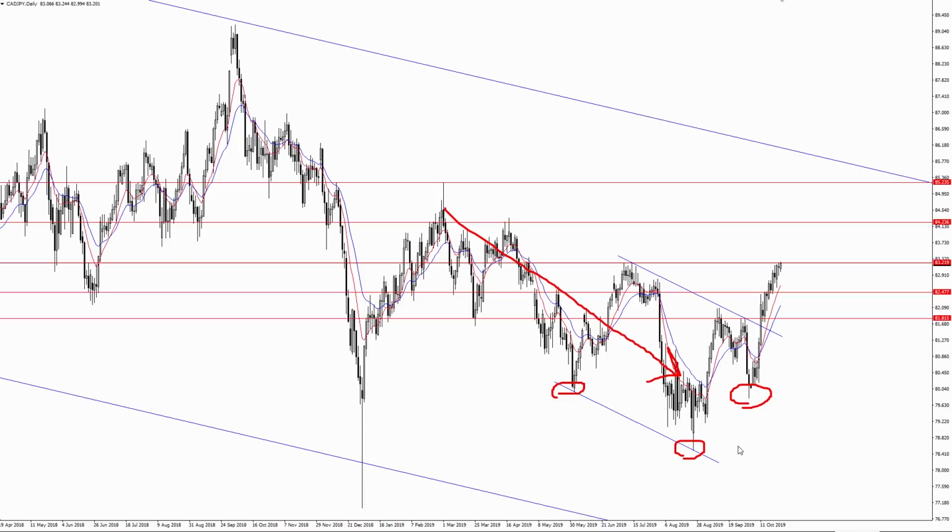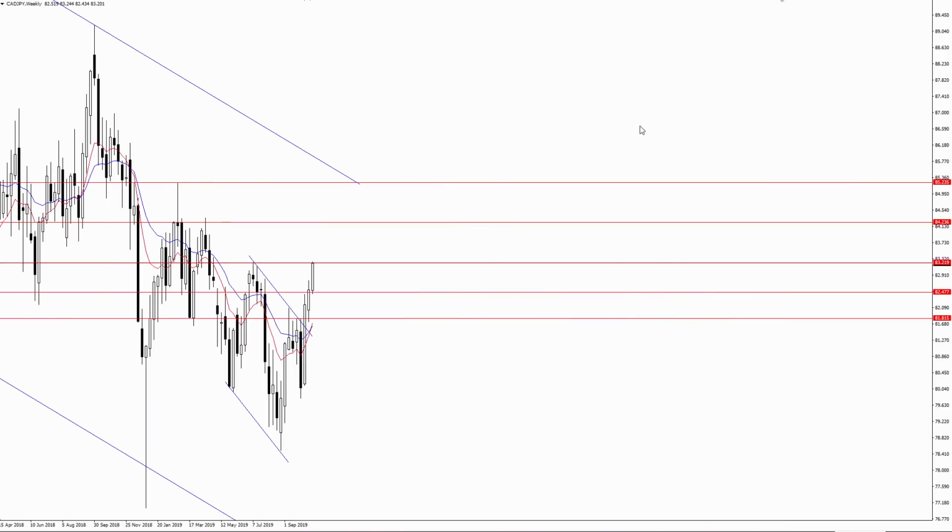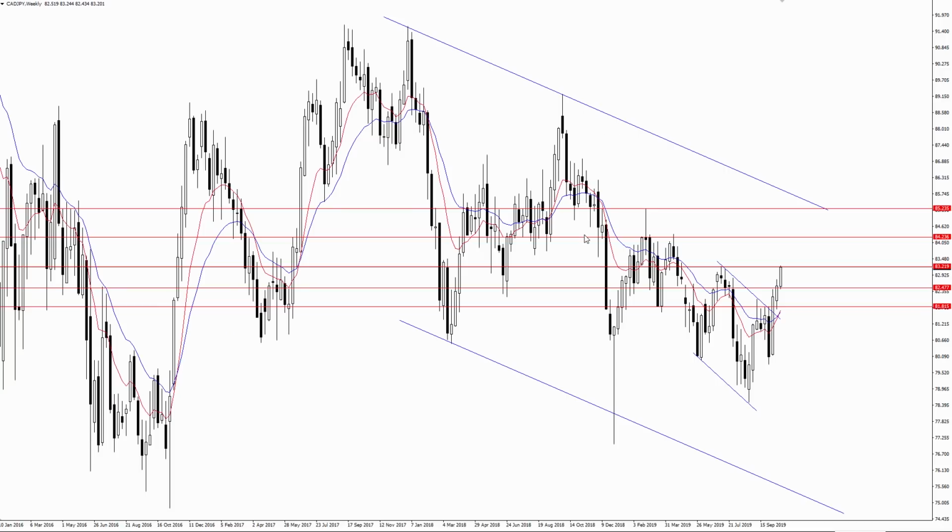And another thing I pointed out recently too is how the measured objective for this actually lines up with this larger descending channel on the weekly. So the measured objective of this potential bottoming pattern lines up with this 85.20/50 area, which also intersects with this channel top.